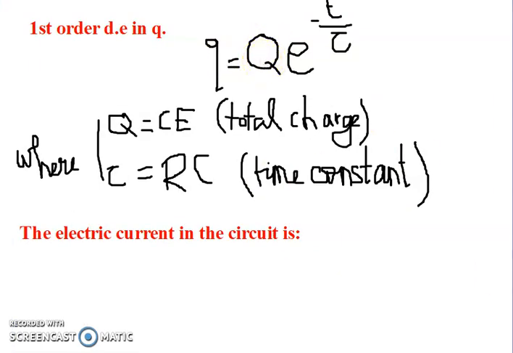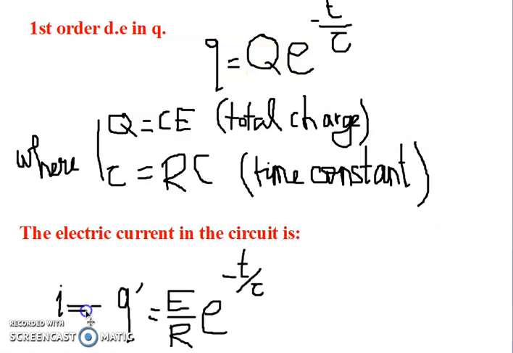Just make derivative here. I equal minus Q prime equal, if you do the derivative, then E over R exponential minus T over tau. The same as the current in the charging case. Okay? So let's do a remark now.